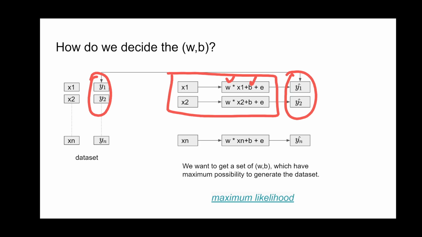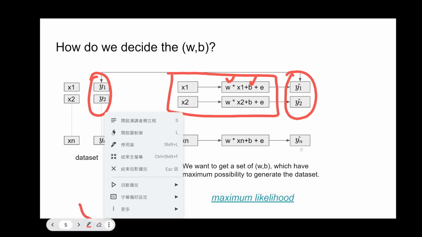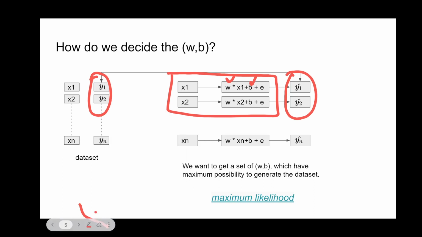But if we have more than two sets of samples, for example here, we have n samples.